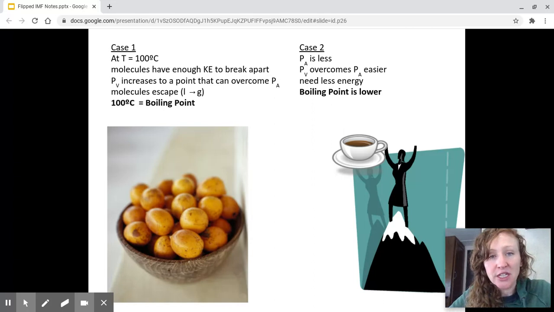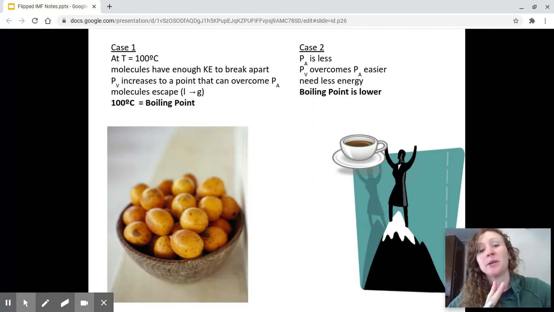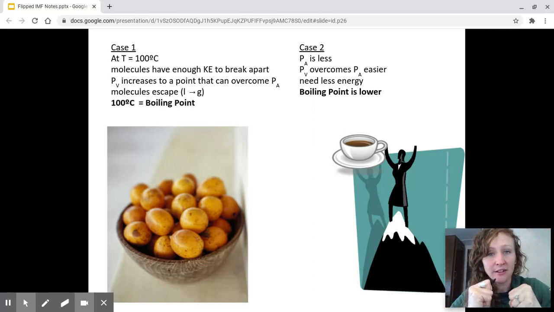Now, vapor pressure, in addition to being affected by intermolecular forces, is also affected by temperature, right? Because the kinetic energy indicated by temperature change is going to work against the intermolecular forces. Intermolecular forces tend to hold things together, therefore decreasing vapor pressure. Temperature, or kinetic energy, tends to break those things apart, therefore increasing vapor pressure.